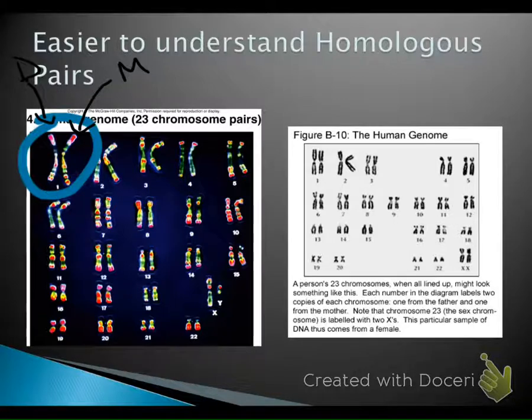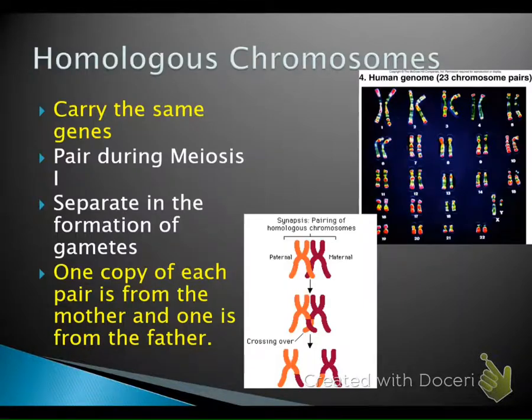So that's what makes them homologous. Homo means same, so they have similar genes on them. Homologous chromosomes carry the same genes. One copy of each is from mom and one is from dad. I know I'm repeating myself, but it's to help you because it's the same information that's always asked.